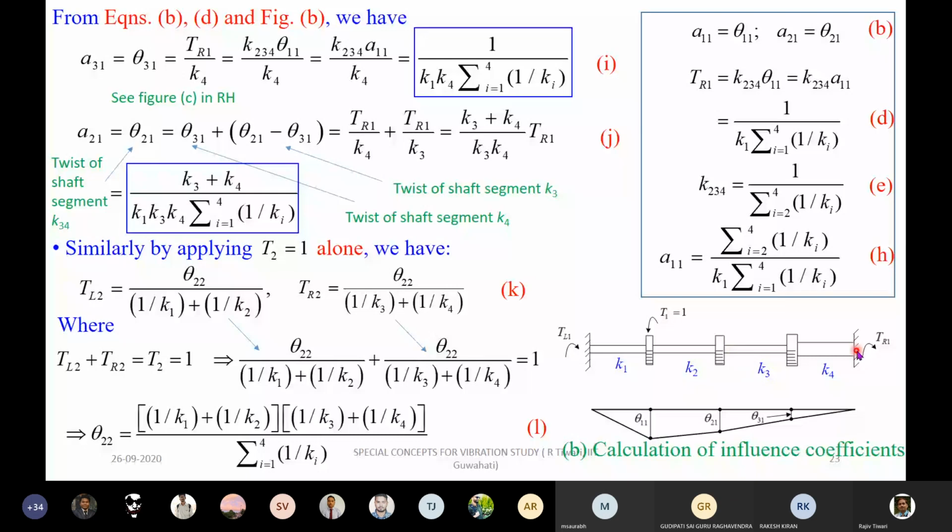Or what we can do, we can divide this displacement as the displacement of the third disk plus the relative displacement of the second with respect to the third.